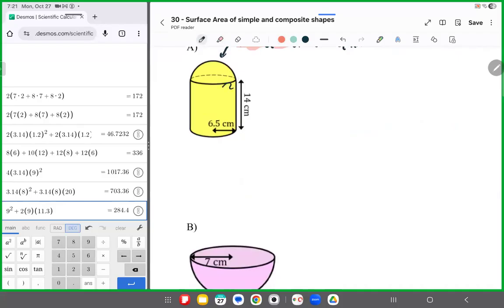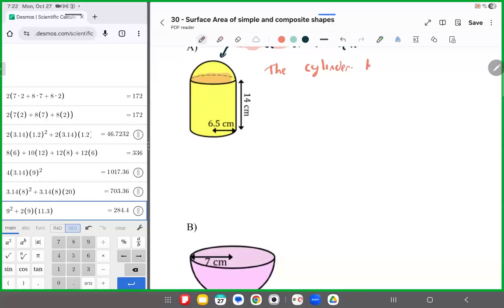Now, keep in mind, though, this cylinder, let me talk about this. We have half of a sphere placed on top of the cylinder, which means we don't need this part in the middle. This that I'm shading in red, we don't need that surface area. So instead of needing 2 pi r squared, we only need to find the area of one circle, not two circles.